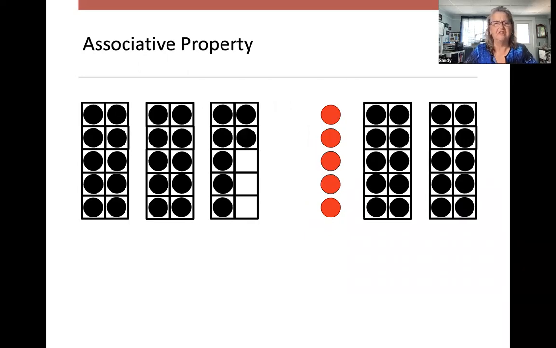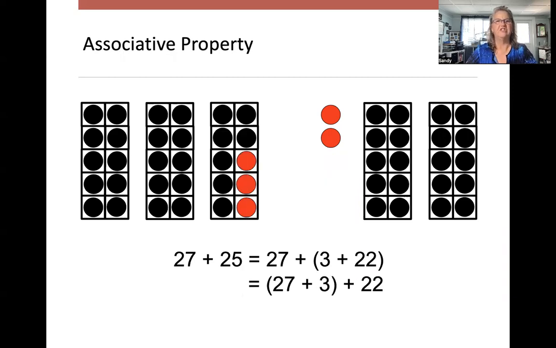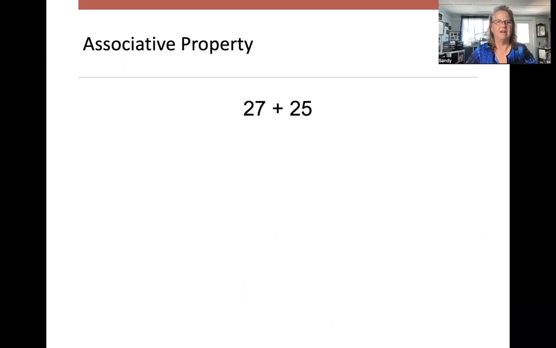When your child gets to grade 2, they might see some of these images to start. What's 28 plus 25? Well, I can think of 25 as 3 and 22. Instead of associating the 3 with the 22, I associate it with the 27. So that's the same as 30 and 22, a mental arithmetic problem. I can do that mentally, no paper and pencil required.